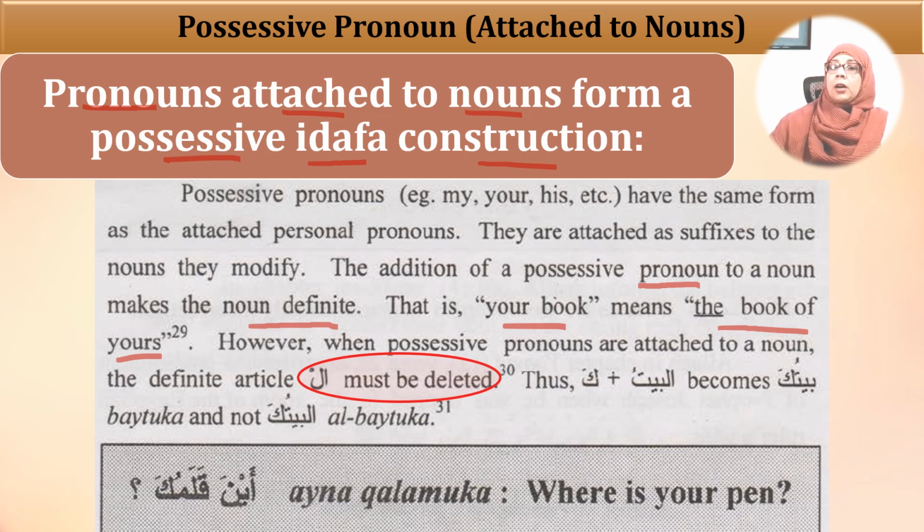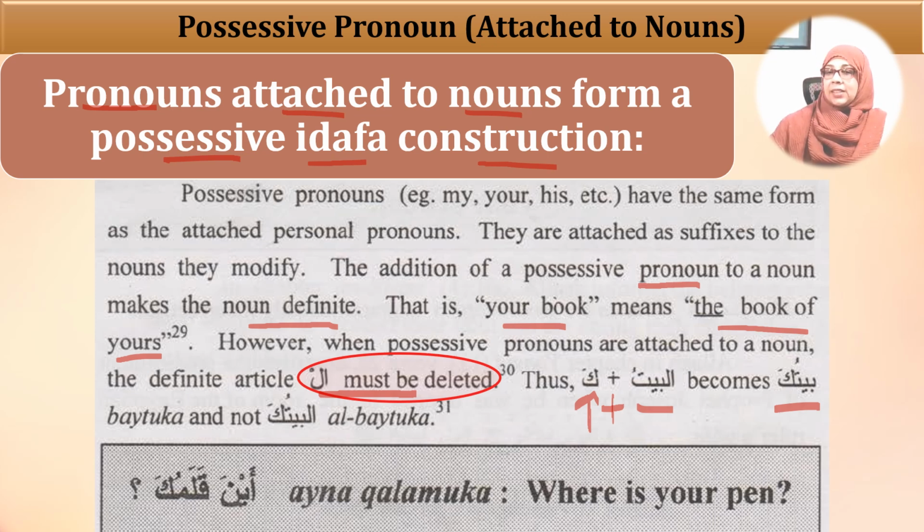Now, whenever these pronouns are attached to the noun, the al in the noun must be deleted. For example, al-baytu plus if you attach the pronoun ka, you have to first delete the al. So it becomes baytuka. Okay? And that is definite because you're talking about something specific. You're saying your house.